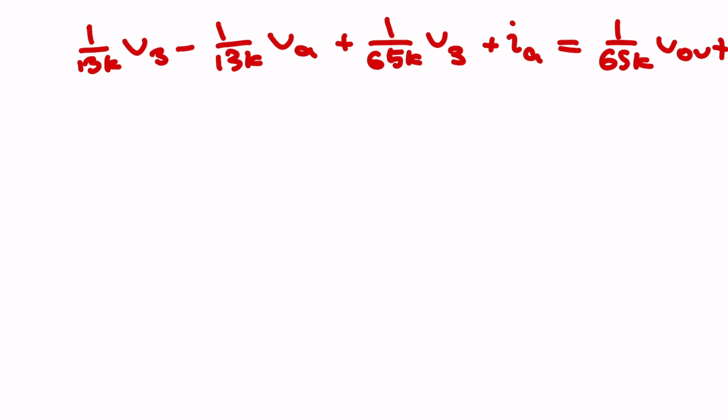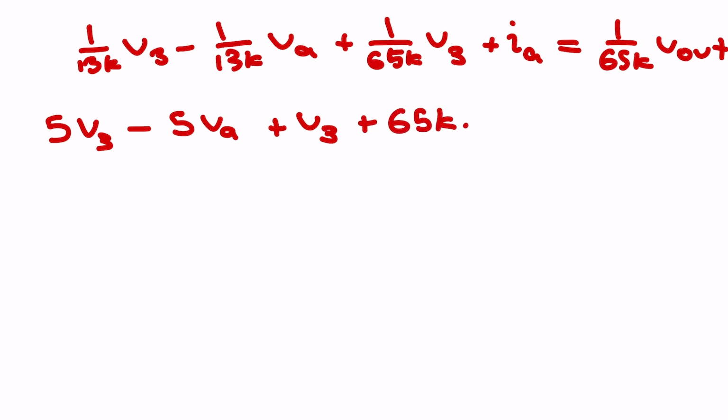So that would be, I believe, 5 minus 5 VA plus V3 plus 65 kilo ohms IA is equal to V out. All right, cool. We're almost there.